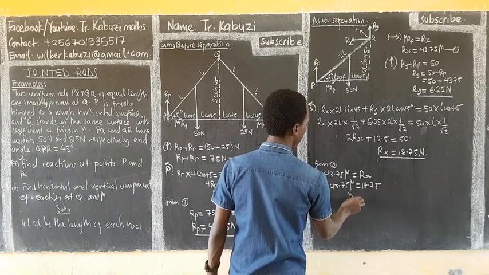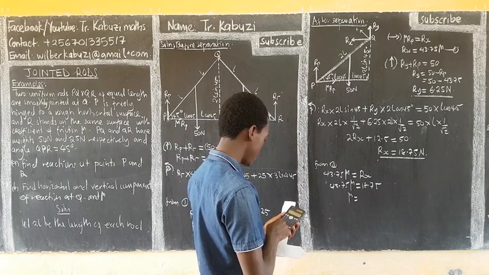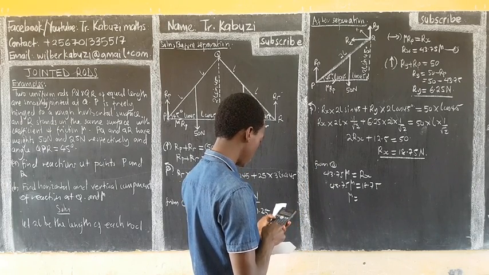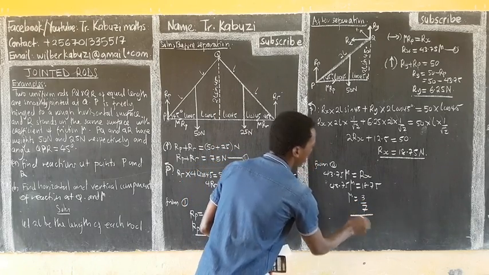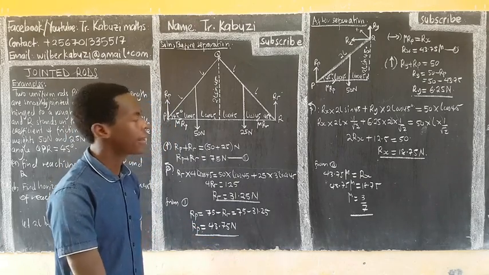So my mu from there is going to be 3 over 7. That's the answer. So you see, with ease.